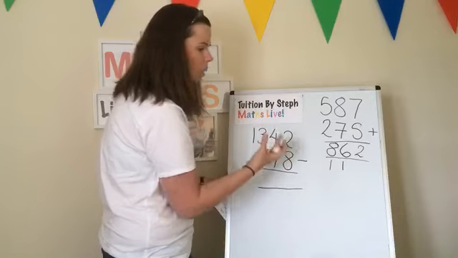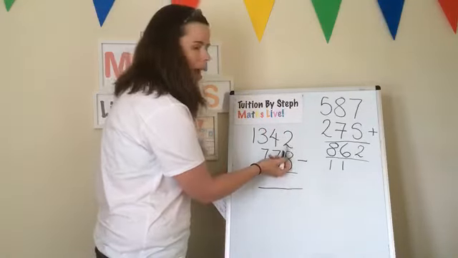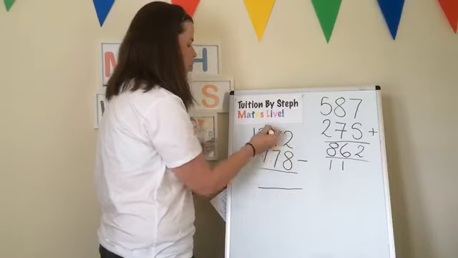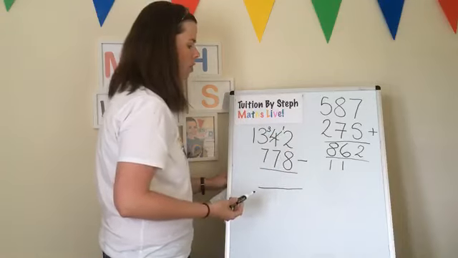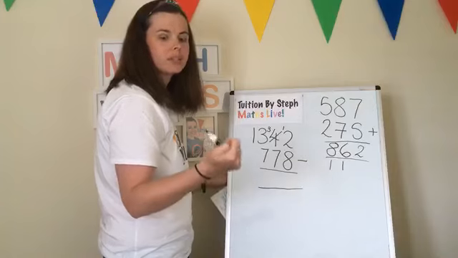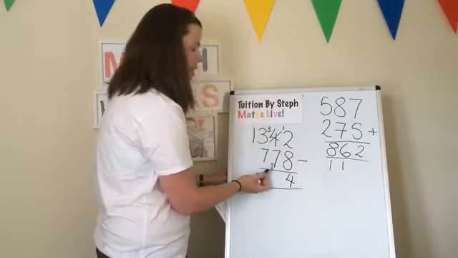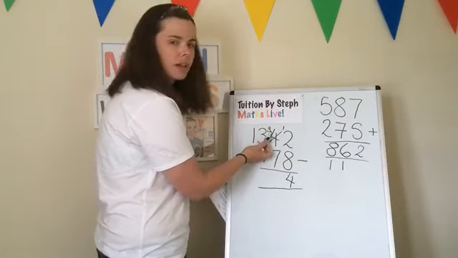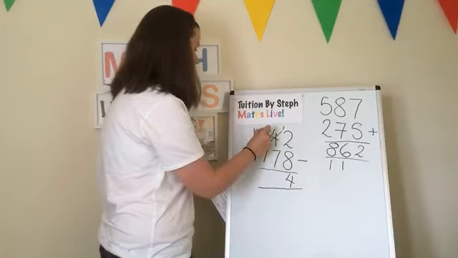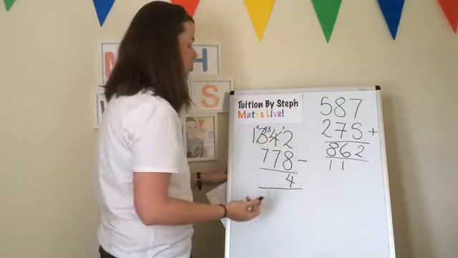So we've only got 2 and we need to subtract 8. We haven't got enough, so we go next door and we say, hey, give me 1. So the 4 becomes 3, and now we've got 12. So 12, 11, 10, 9, 8, 7, 6, 5, 4. Next column. We've only got 3. We need to subtract 7. Can't do it. So we again say, hey, let me have 1. So the 3 now becomes 13.